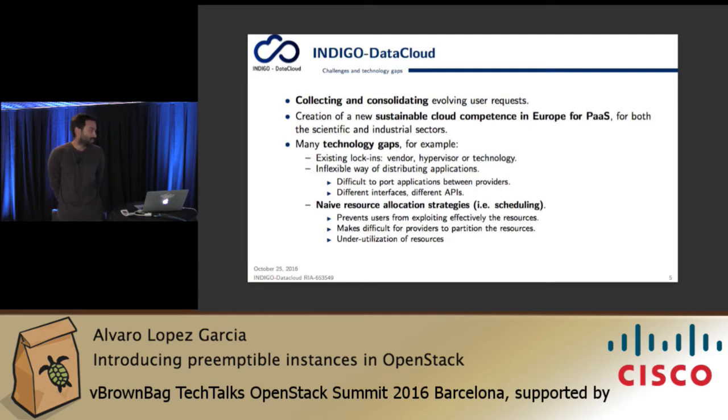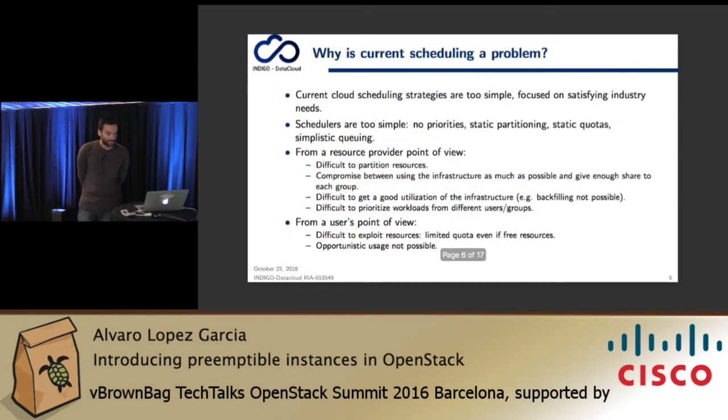This prevents the users from exploiting effectively the resources when the requests are a bit more complex, and this makes it also difficult for resource providers to give them a good experience, leading to the underutilization of resources.